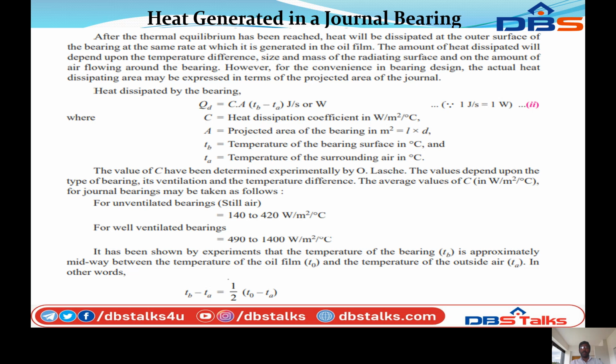The heat dissipated by the bearing is Qd equals C A into Tb minus Ta, joule per second or watts, since 1 joule per second is equal to 1 watt.